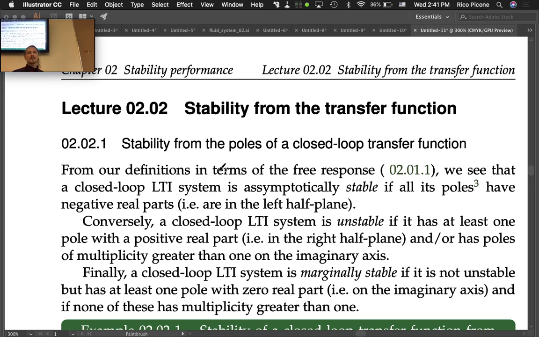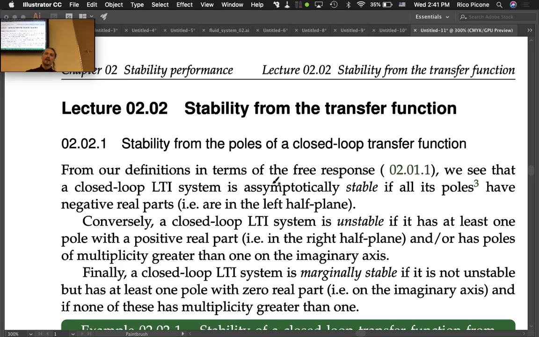From our definitions, in terms of the free response, we see that a closed loop LTI system is asymptotically stable if all its poles have negative real parts. That is, they're in the left half plane. So remember, our systems that have all left half plane poles, or roots of our characteristic equation, or eigenvalues, their free response always decays to 0, which meets our definition of asymptotically stable.